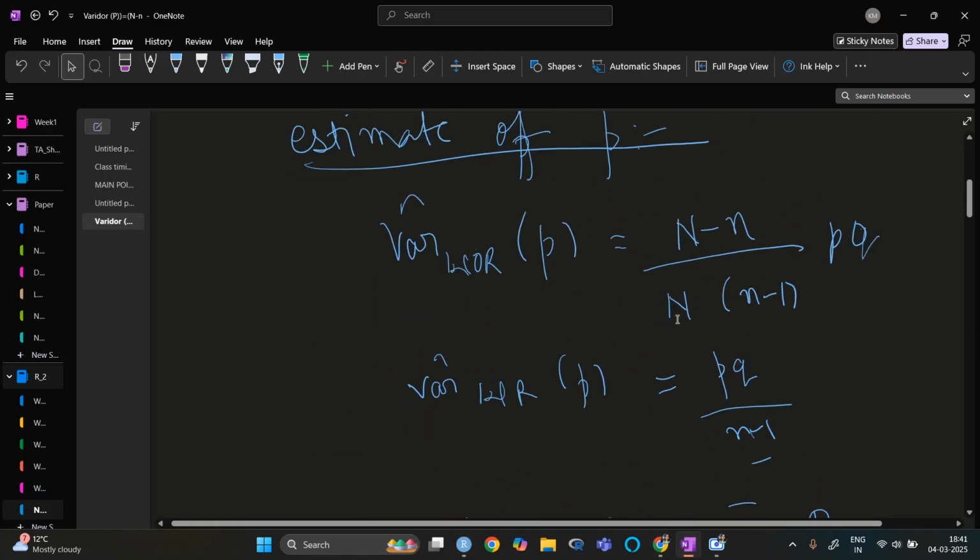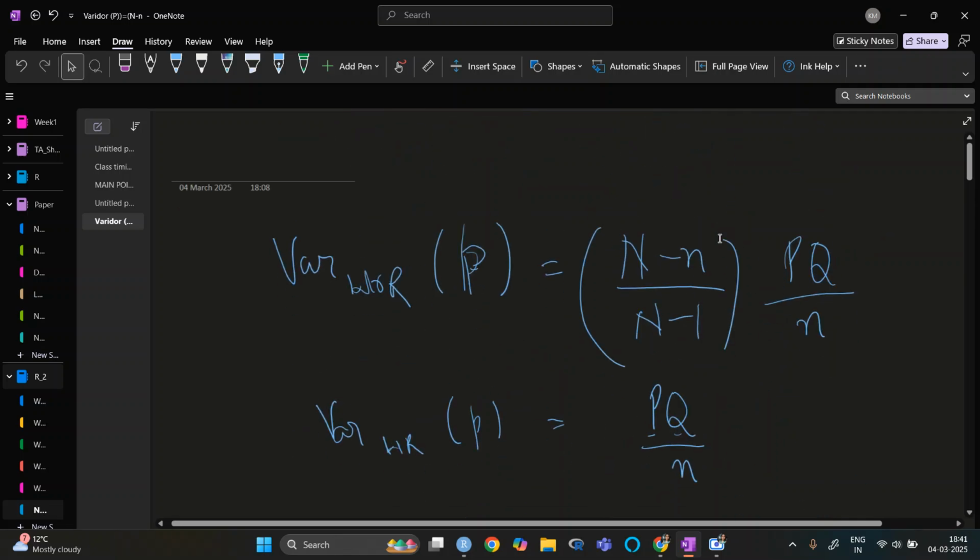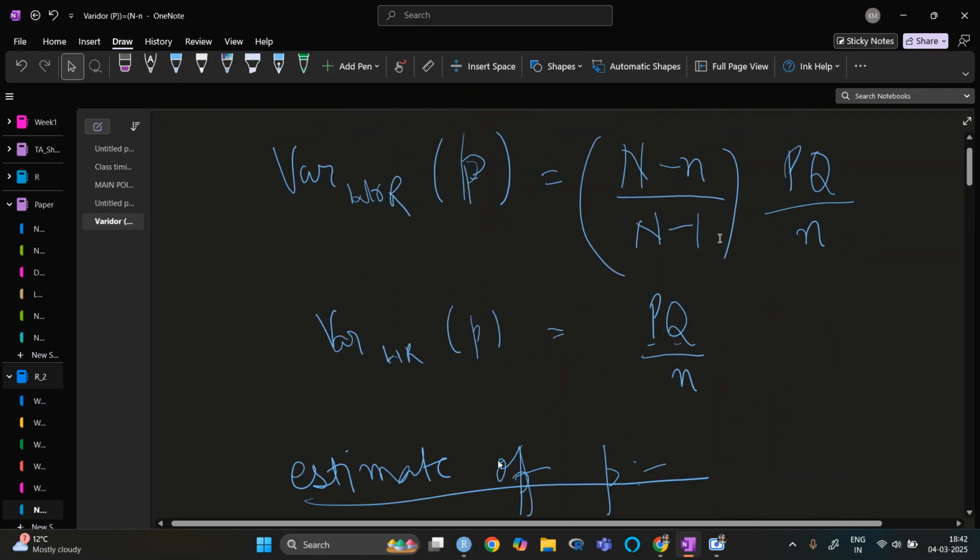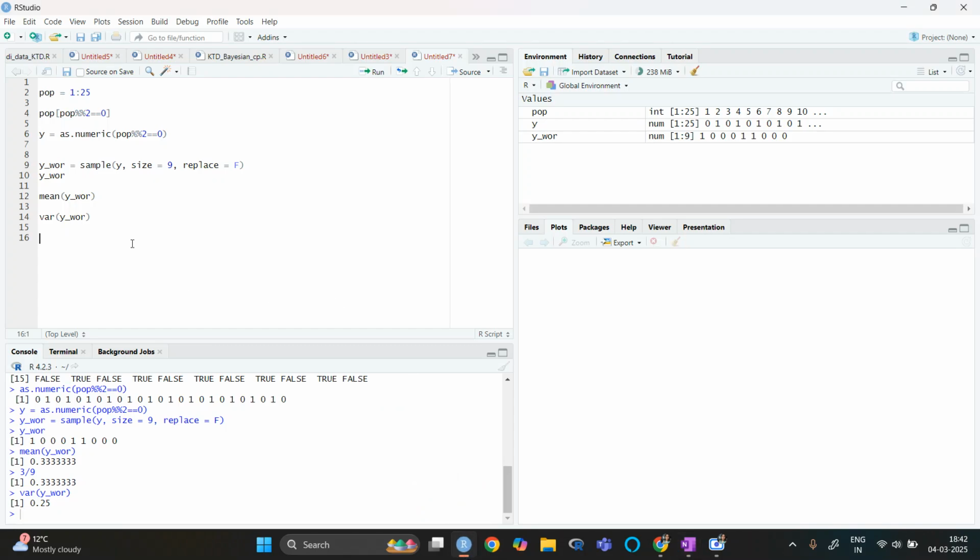So this one will be (N minus n) upon N times n. Let me just write it. So it will be the square root of, let me open the file we had done in the last class.